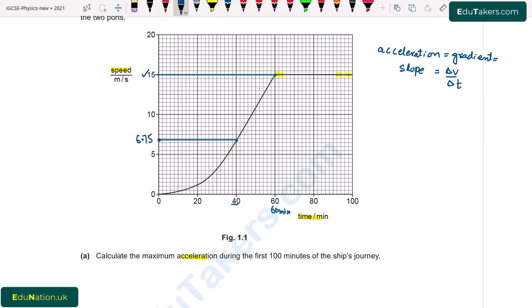So when we find the slope, it will be equal to V2 minus V1 over T2 minus T1. So V2 is 15 meters per second minus V1 is 6.75, divided by time 60 and 40 minutes.